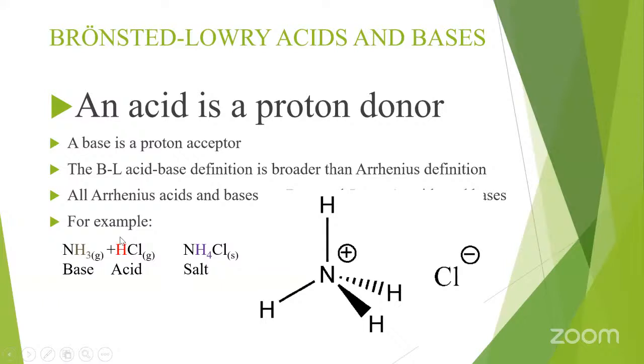It's not in solution, it's just gas. But even in the gas phase, it can release this hydrogen to this NH3, and then the NH3 becomes NH4+. The hydrogen it releases is in form of a proton, that is, the hydrogen that has lost its electron. Using a kind of coordinate covalent bonding, the hydrogen ion, which doesn't have any electron, bonds itself to the nitrogen part of ammonia. And then we have the chloride ion, the Cl-.